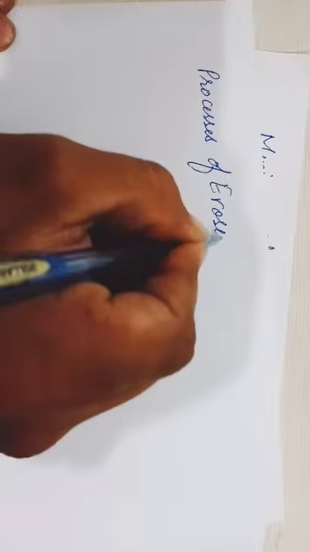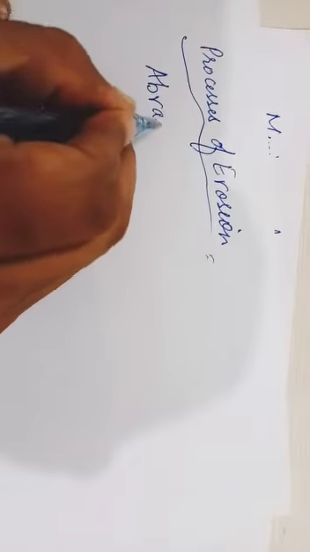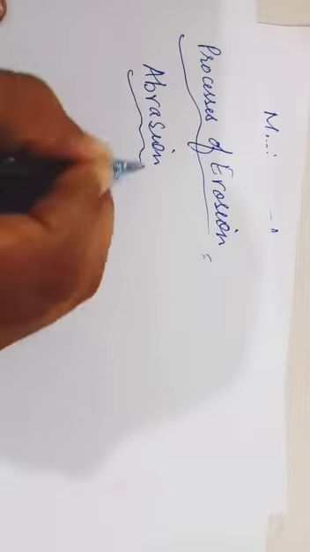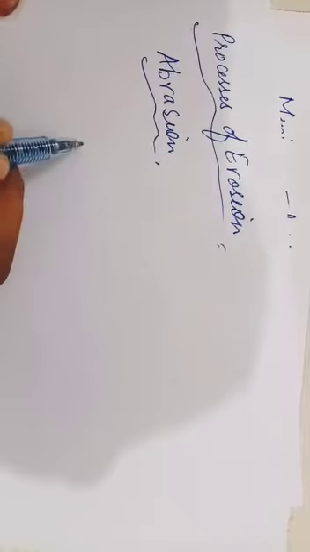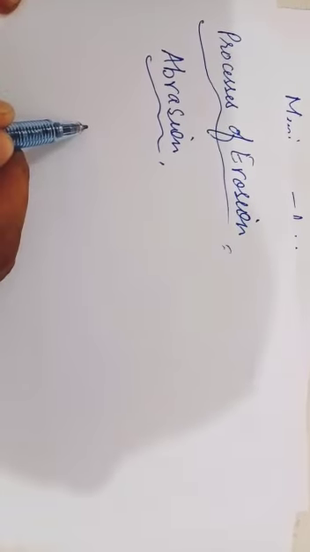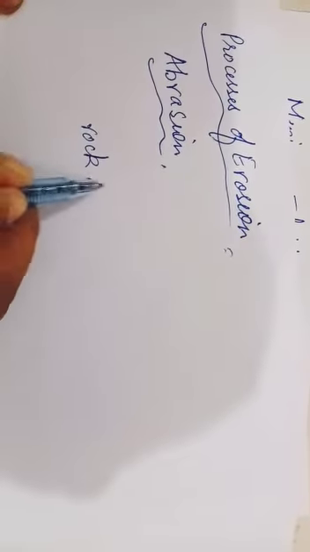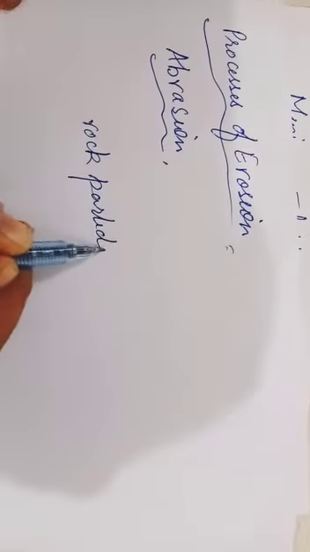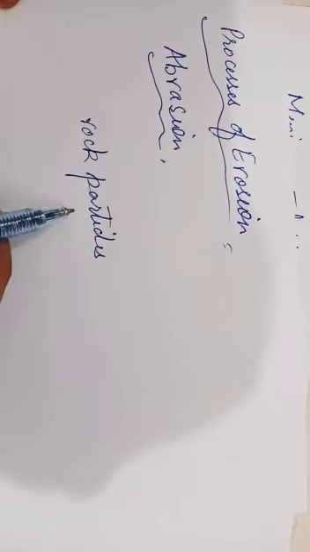Okay, now we are going to discuss the processes of erosion. There are four processes of erosion. One is abrasion. Abrasion is the process in which the waves have rock particles present in them.